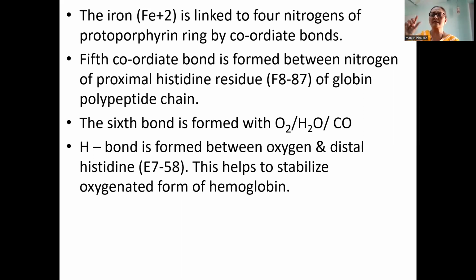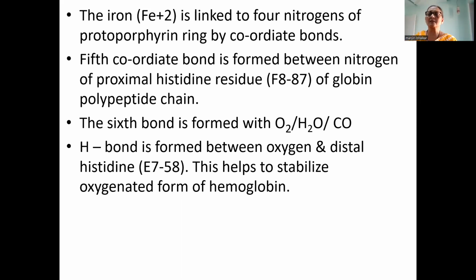Each of these alpha helices is given an alphabetical name like A, B, C, D. So the 87th histidine is located on alpha helix F, and in that helix it is the eighth amino acid.